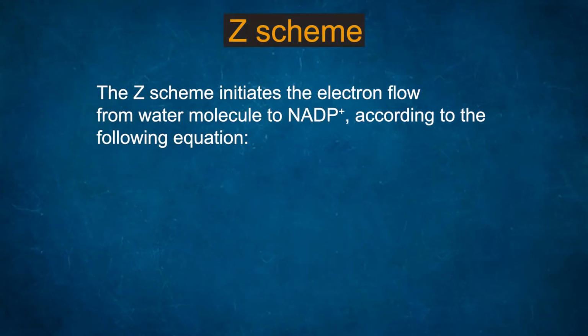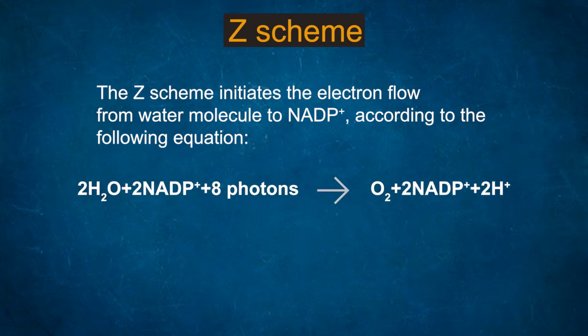Let us now come to how many photons of light are required for this electron flow from water to NADP+. If you look at the energy requirement, it requires 8 photons of light to transfer 4 electrons from 2 molecules of water to 2 molecules of NADP+.